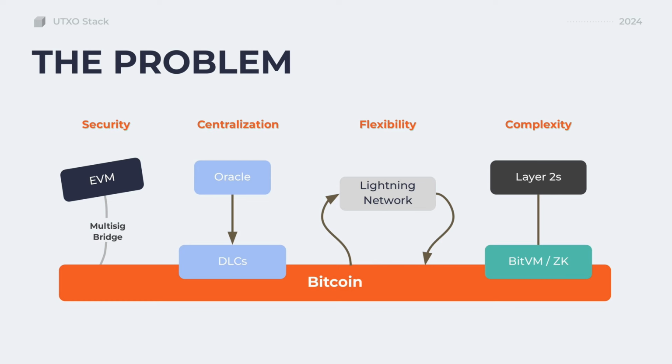Okay, so what's the problem? We have lots of layer 2 solutions, right? I think more than 100 layer 2s are being built on Bitcoin. So what's the problem? The problem is that the most mature solution for Bitcoin layer 2 is the multi-sig bridge plus EVM compatibility, right?